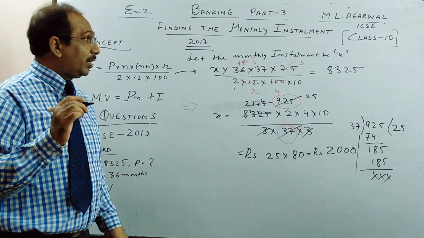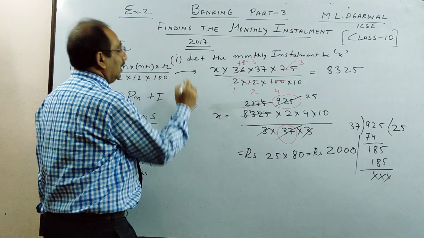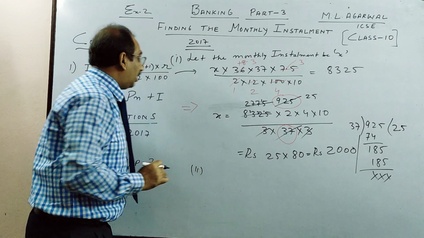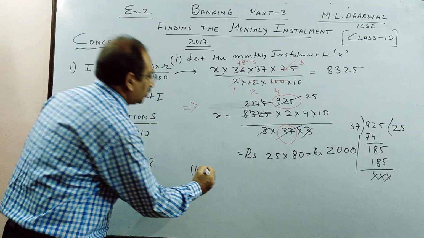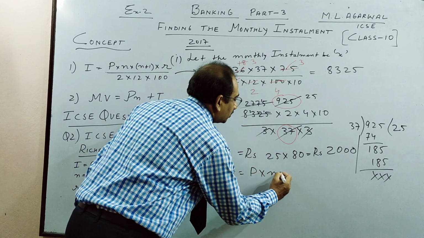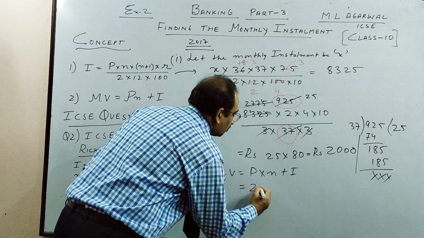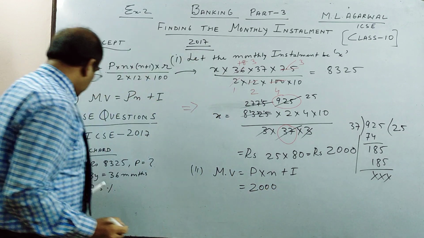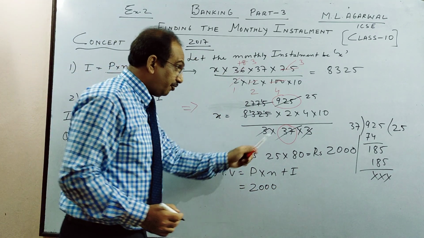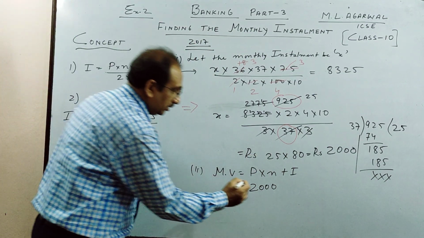But it has a second part of the question. What is the monthly installment? The first part we got. The second part is how much money does he get at maturity. So we know maturity is his monthly installment into time plus I. So Richard is putting 2000 for how many months? 36 months.